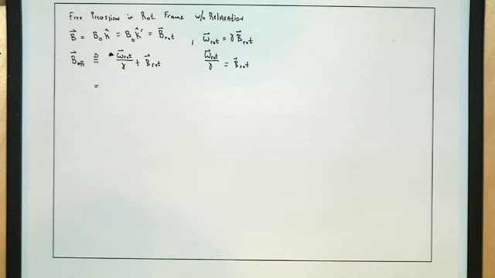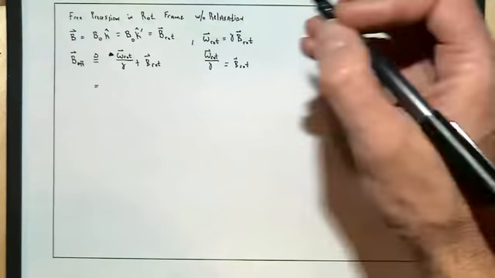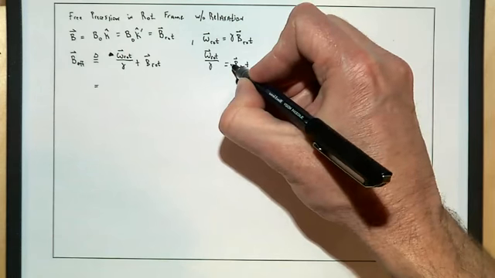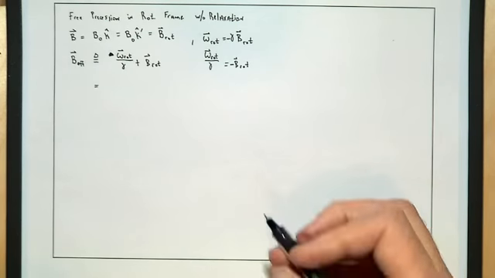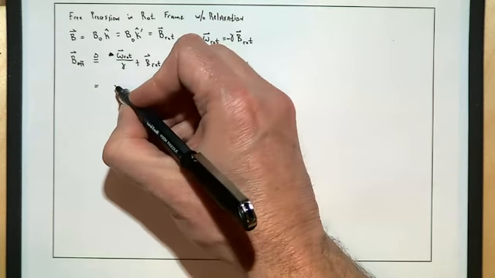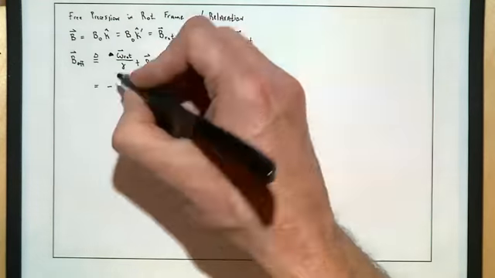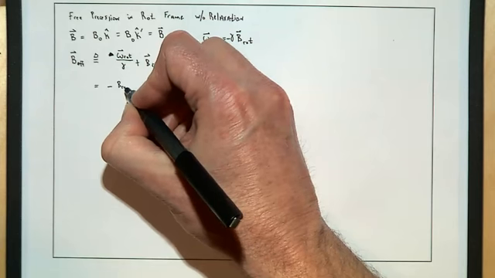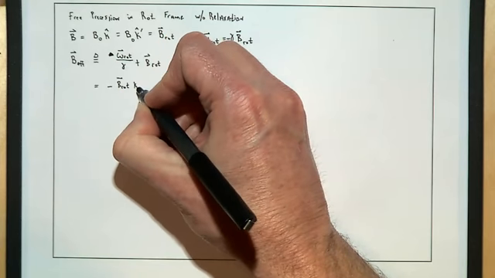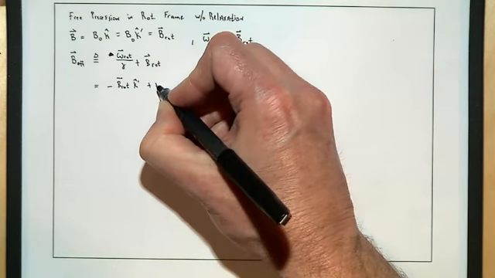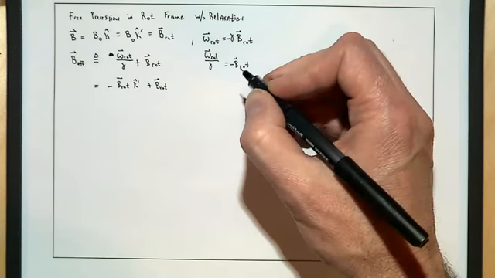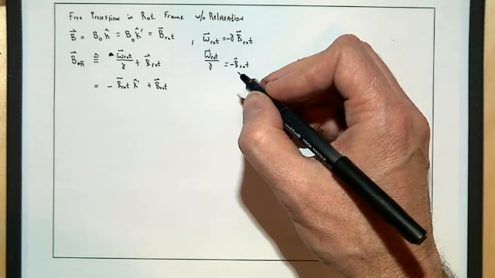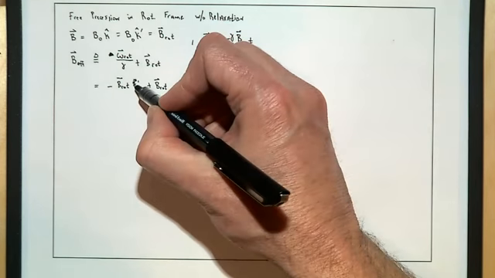There should be a minus sign in here. Sorry. Oh, right. There's my minus sign on this expression, right? And so then just by making those substitutions, I just have something like minus B rot along the K prime direction plus B rot. I should write it. That's fine. We can get rid of that.